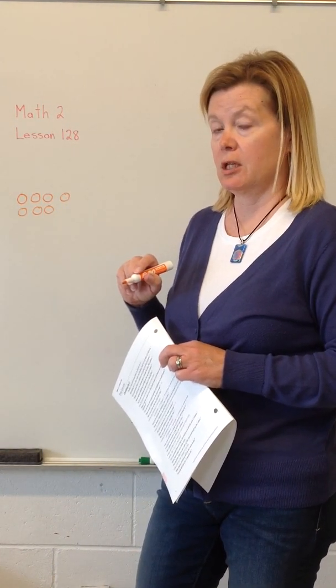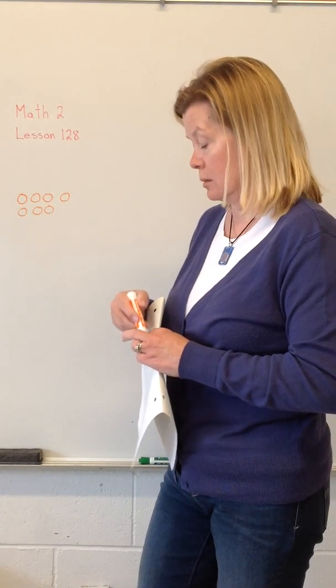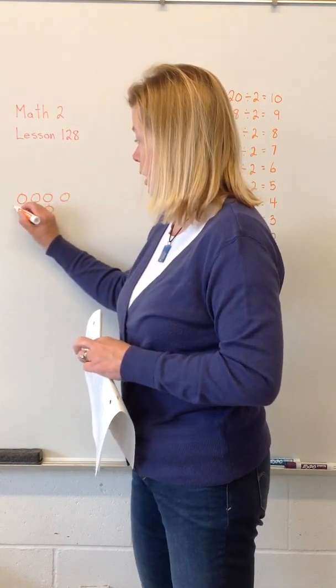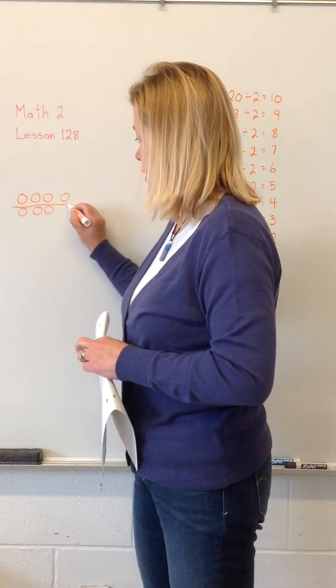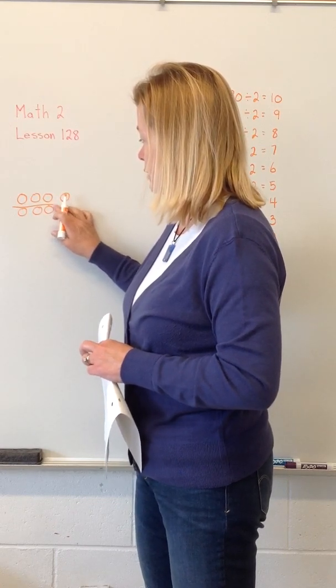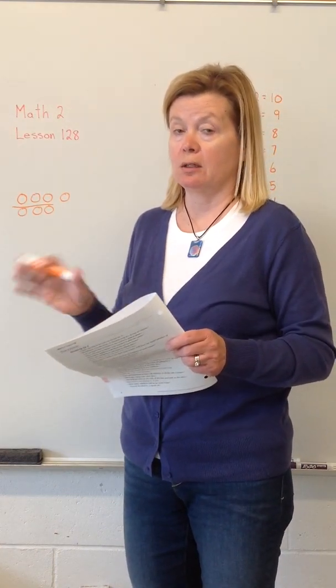How would I divide them into 2 teams? I would have 3 children on each team, and then remember I'd have my remainder. So this one would be left over. We've talked about that before when we were dividing on the mat.